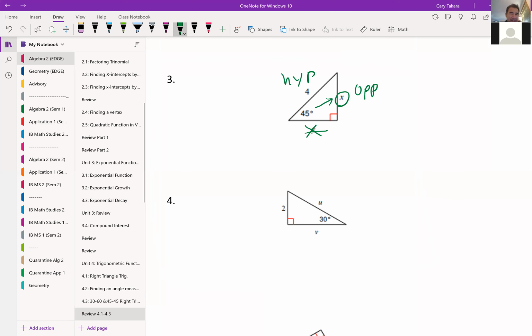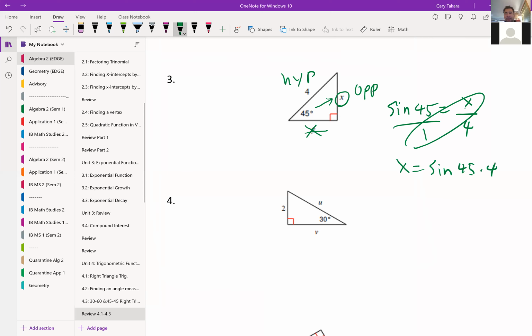So this is sine of 45 equals x over 4. Then you cross multiply, x will be sine of 45 times 4. And so you could do it that way, sine of 45 times 4, you get 2.8.